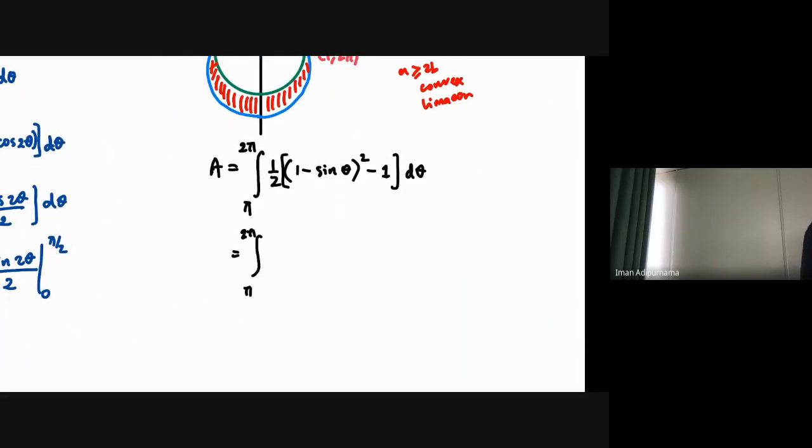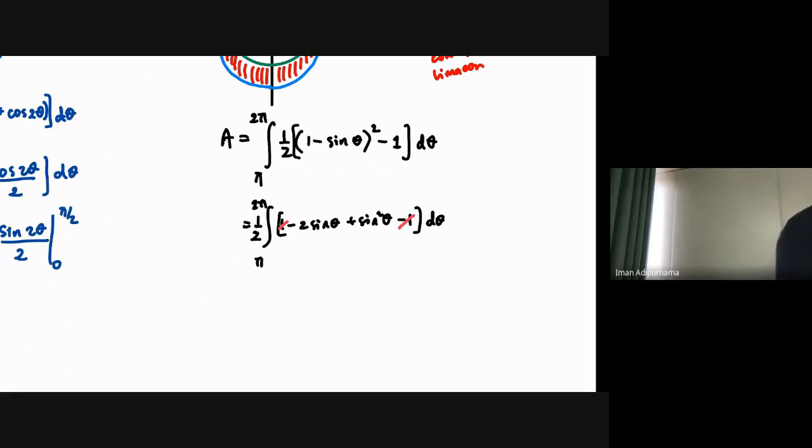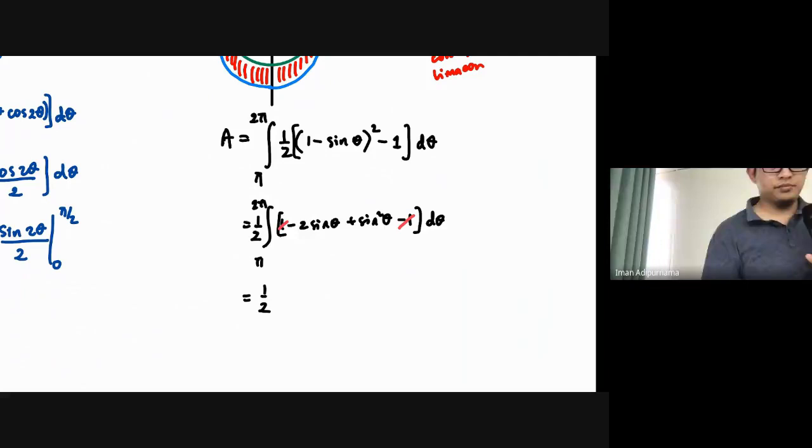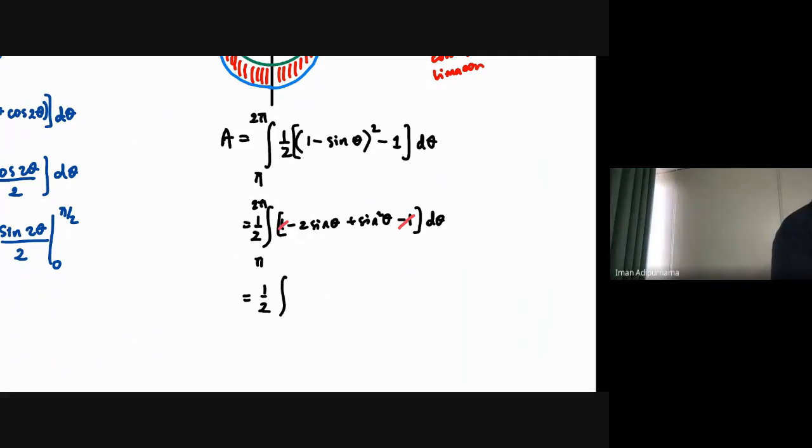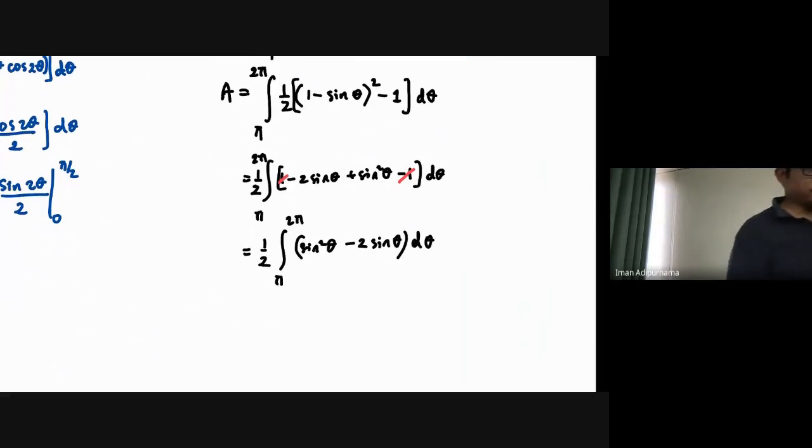And then it's 1 minus 2 sine theta plus sine squared theta. Use the double angle formula, factorize half.